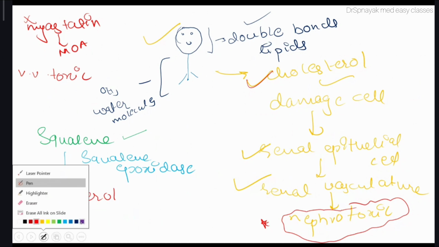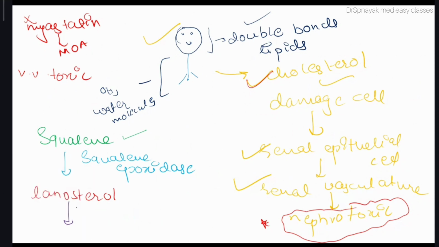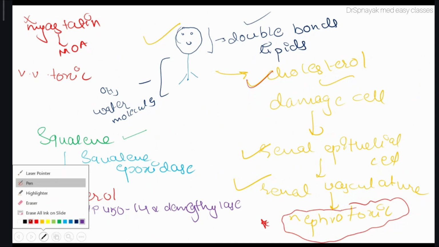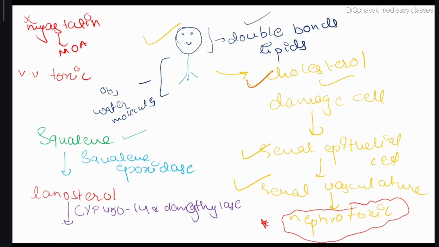This lanosterol, in the presence of the cytochrome P450 enzyme, which is 14 alpha demethylase, gets converted to ergosterol.